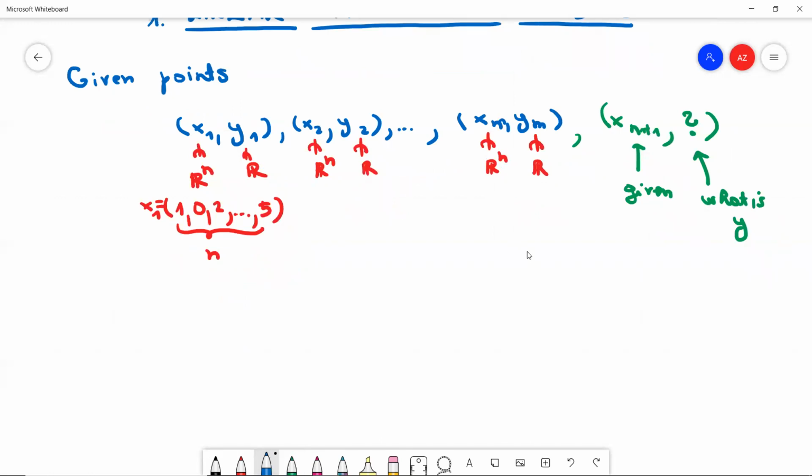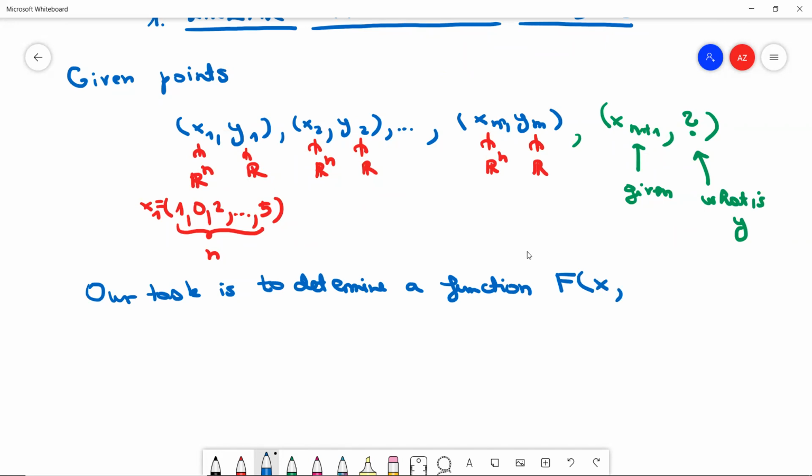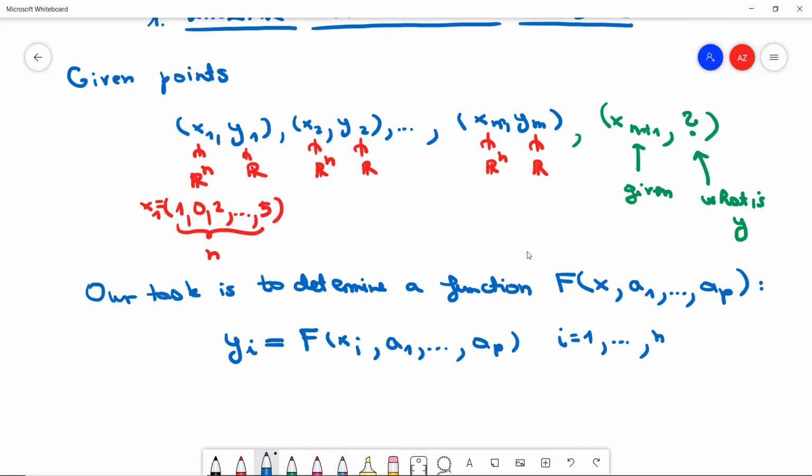So our task is to determine a function, let's say large F, which depends on those points and on some parameters A1 up to AP, such that yi is equal to F of xi, A1 up to AP, for all i from 1 to m.